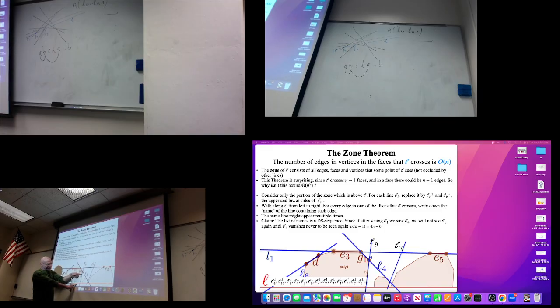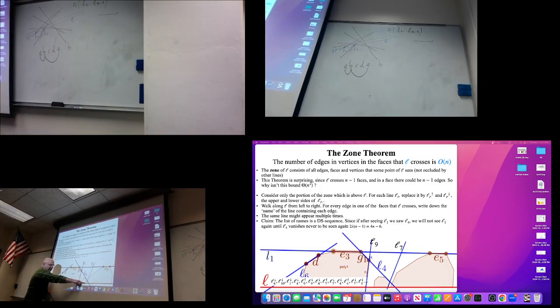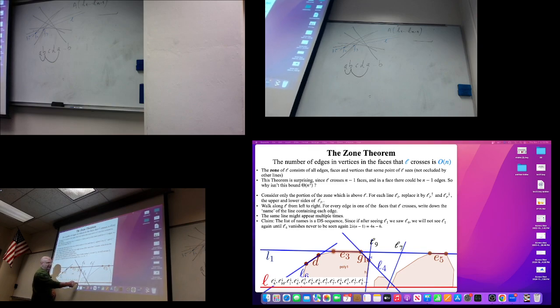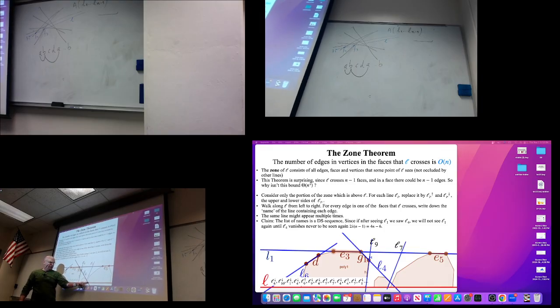So I might see a bunch of other lines, but I cannot see L1. I'm walking down here. Once I passed this vertex, I will not see L1 again.